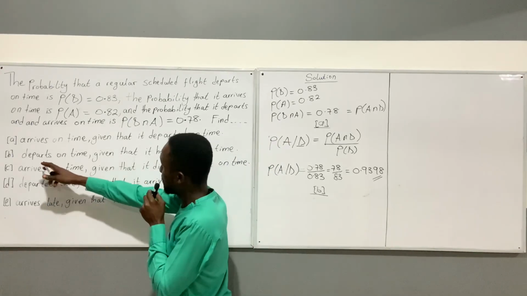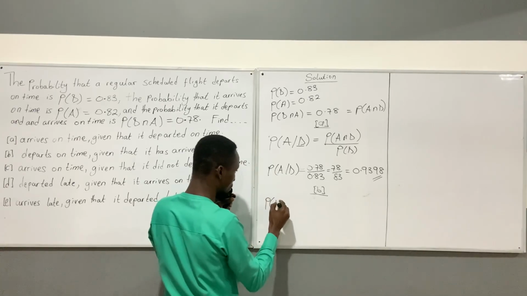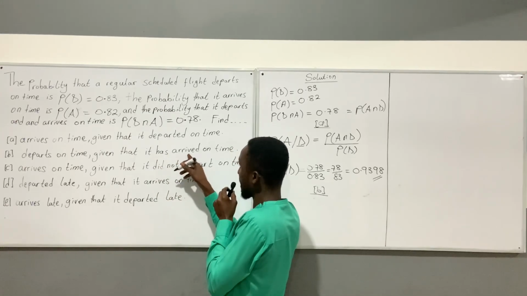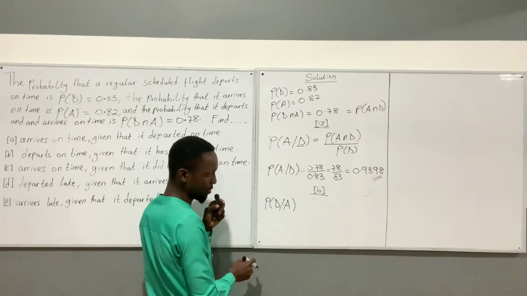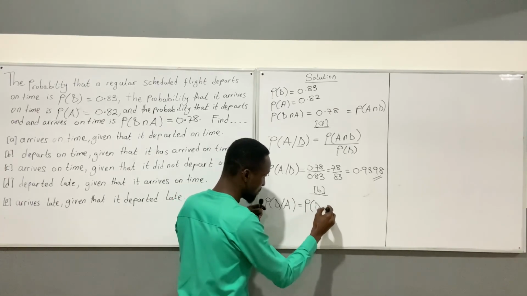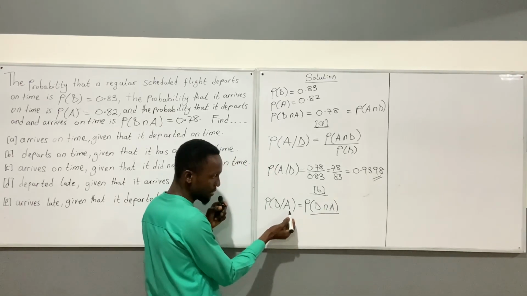He said that it departs on time, so P of D, given that it has arrived on time, so given A. This is giving us the probability of D intersection A all over the event that happened earlier.